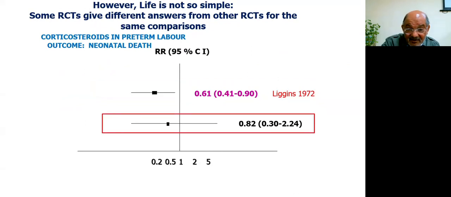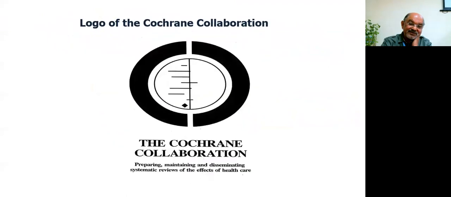I found another trial, same PICO, smaller sample size, wider confidence intervals, which do not rule out the possibility that the child could be worse off for people given steroids. So this is when I came across the logo of the Cochrane Collaboration, which has one of their first important systematic reviews, a meta-analysis.